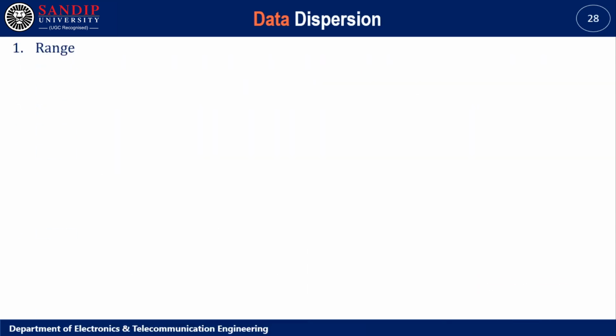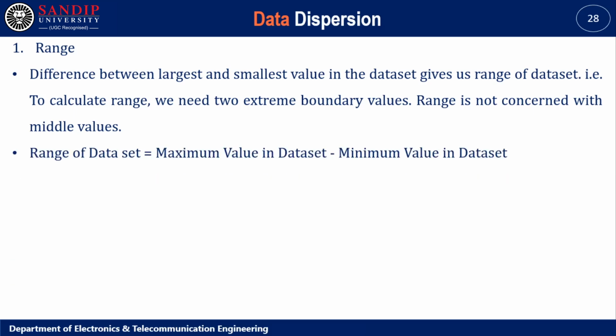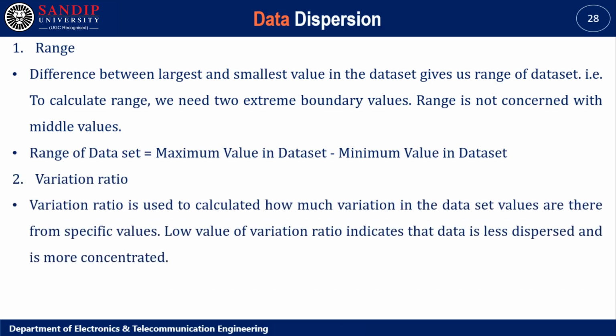Data dispersion. Range. The difference between the largest and smallest value in the data set gives us the range of the data set. That is, to calculate the range, we need two extreme boundary values. Range is not concerned with middle values. Range of a data set is equal to the maximum value in the data set minus the minimum value in the data set. Variation ratio.